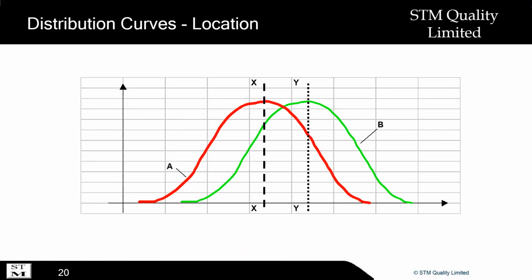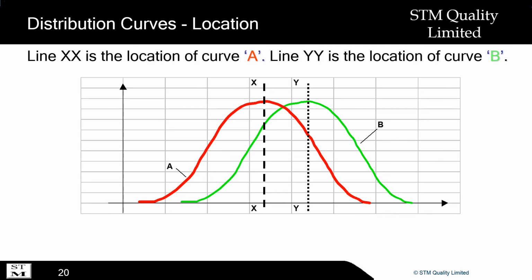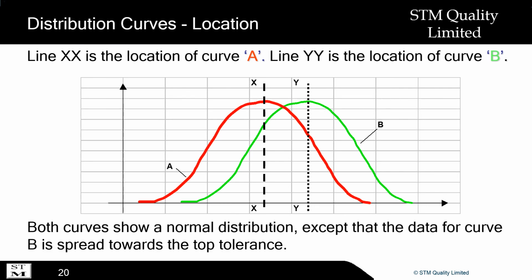Let's look at the distribution curves and their location. Line XX is the location of curve A. Line YY is the location of curve B. Both curves show a normal distribution, except that the data for curve B is spread towards the top tolerance.